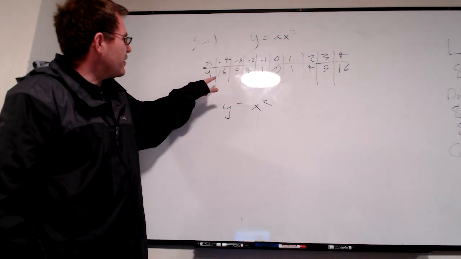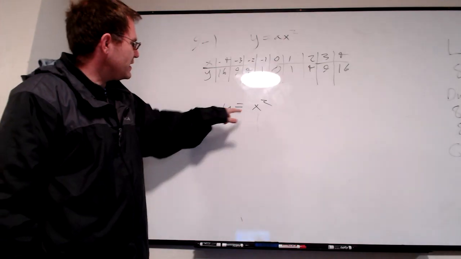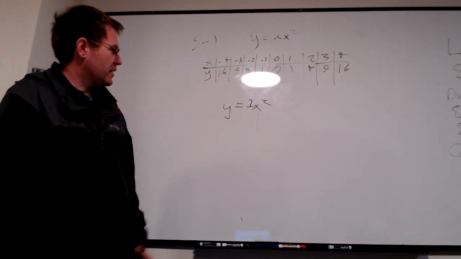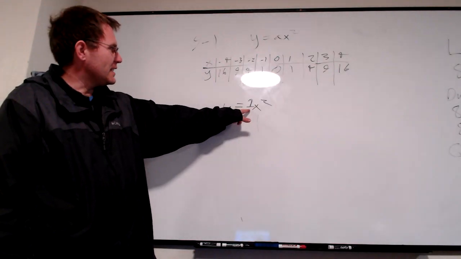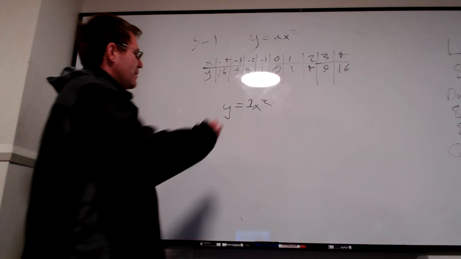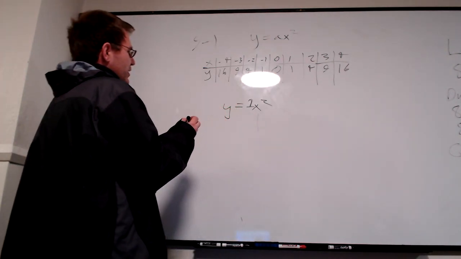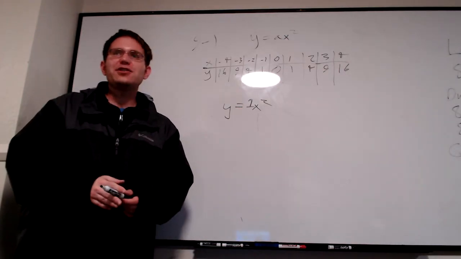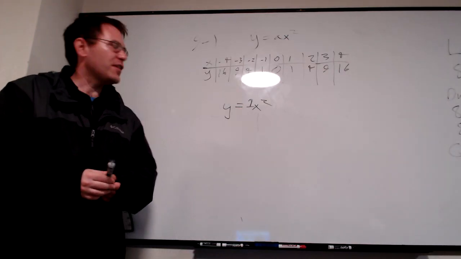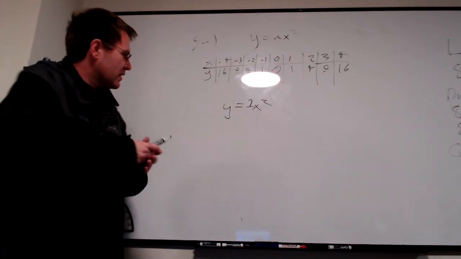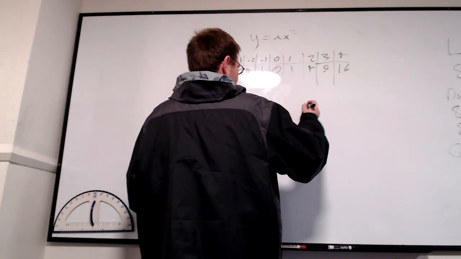But as you notice, this is just with a 1 there. The way you can think about it is, the smaller this number, the more gradual the parabola is, and the larger this number, the more accelerated.